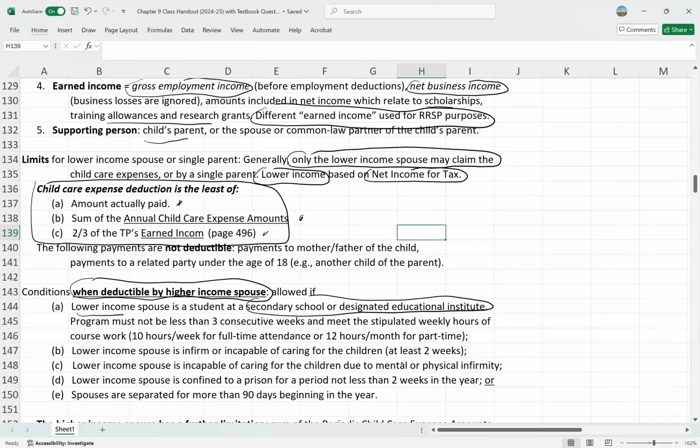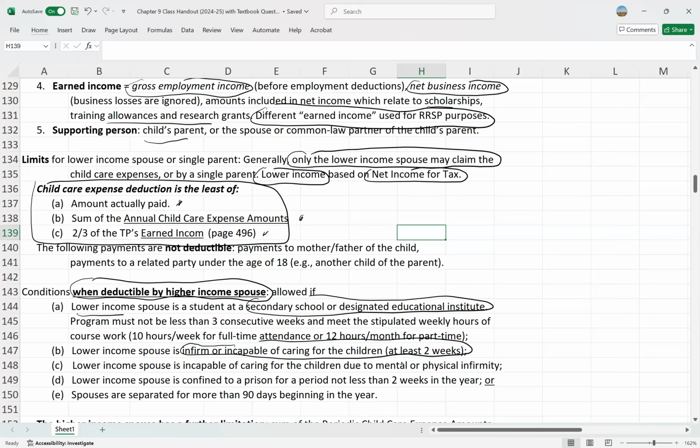So let's say they're going to college, university to pursue their degree. Obviously, then the lower income spouse cannot take care of the kids. So there is a situation where the higher income spouse could make some of the claim, not all, maybe just some of the deduction.